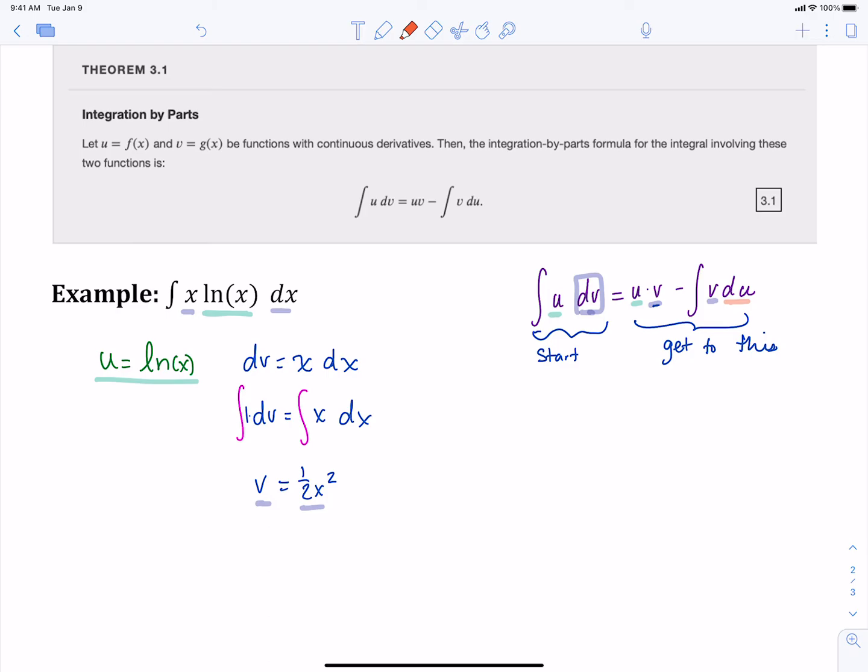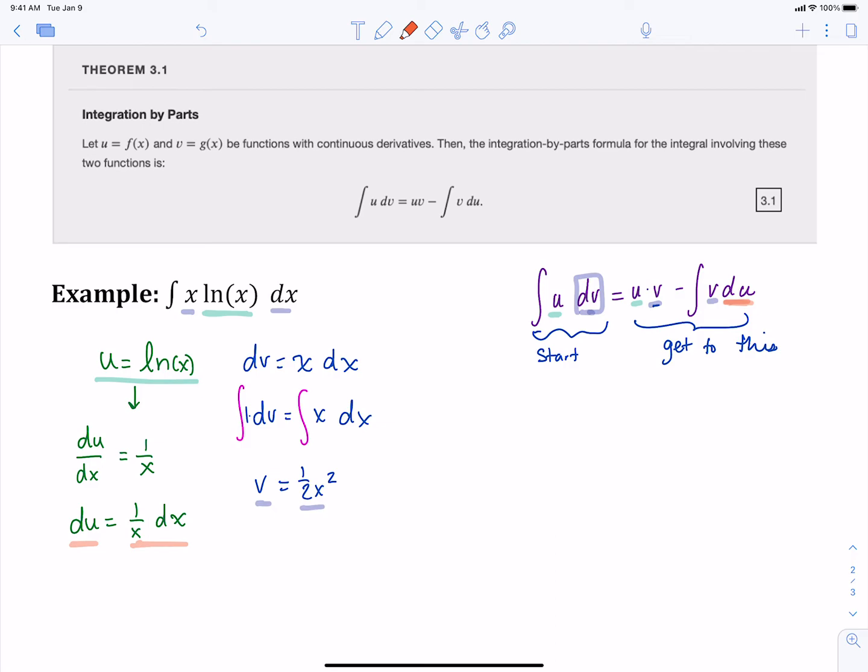How we get that is from over here in our green relationship: we take the derivative of both sides. You can do this as du dx, that's the derivative of the left-hand side. The derivative of the right-hand side is 1 over x. But what we want is not du dx, we want du. So we just need to multiply both sides by that dx. So now we have what du is equal to.